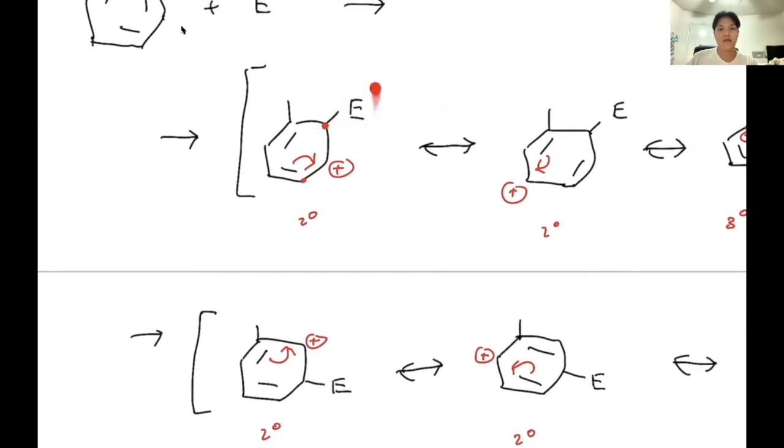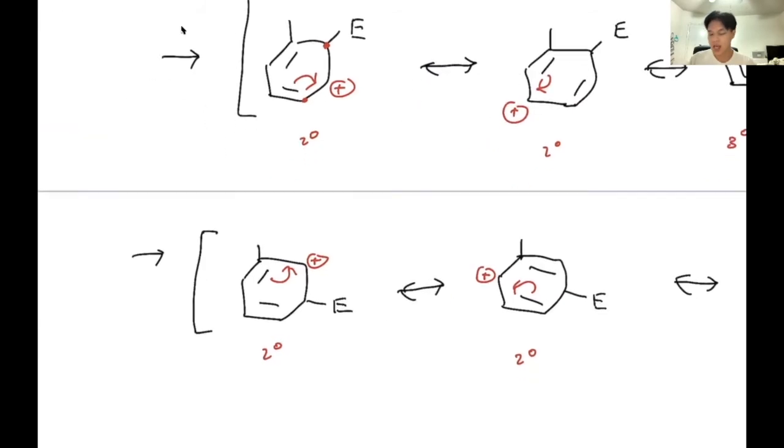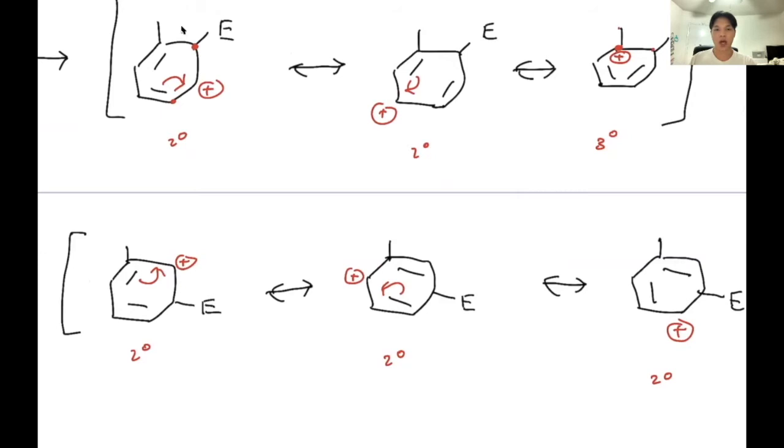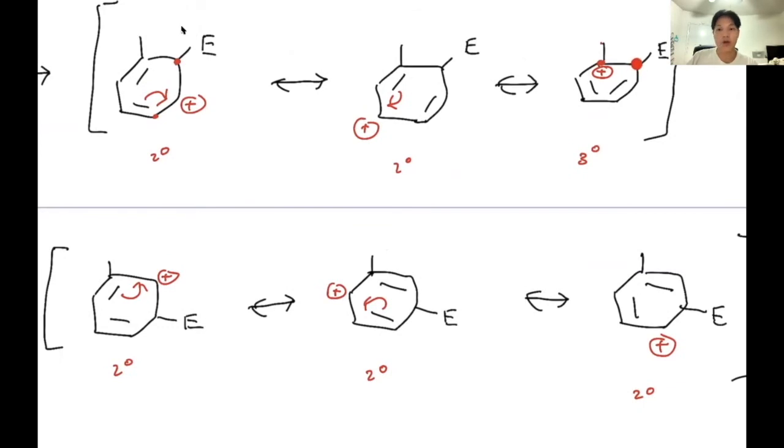Remember our conventions for naming. There is a resonance with a tertiary carbocation, which is a lot more stable, right? But if it's added meta, it doesn't have a tertiary carbocation, which means it's not going to be as favorable as if we were to add it in the ortho position, right? So let's keep that in mind.